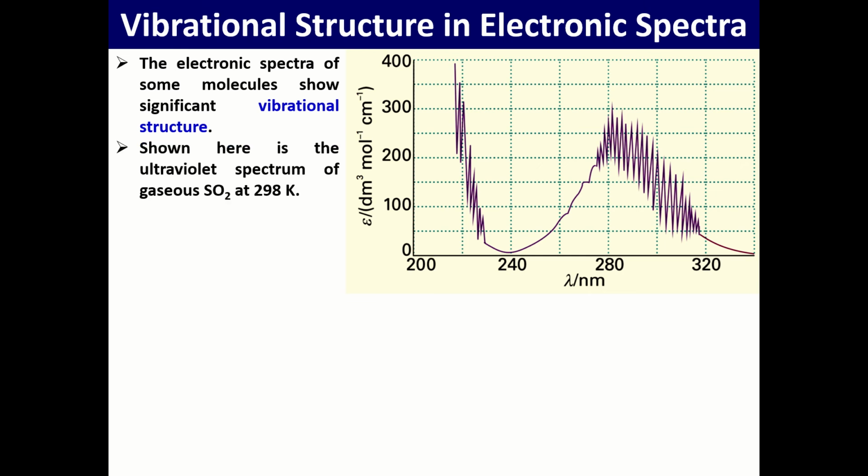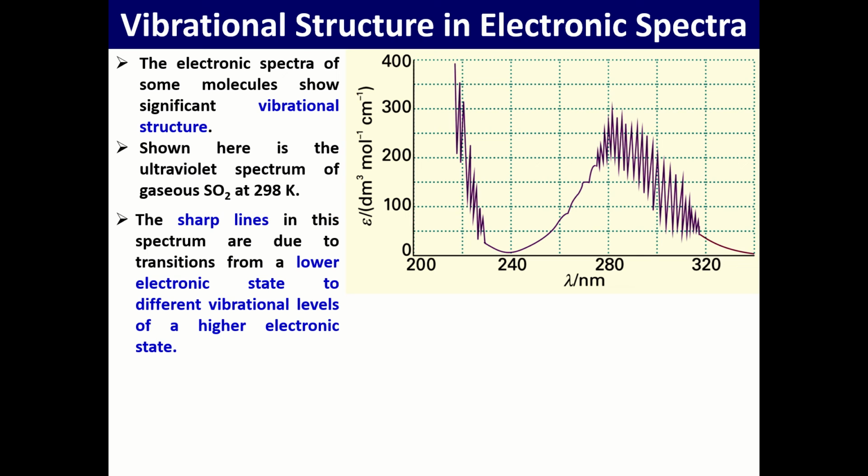The spectrum you are seeing here is a typical example, in the ultraviolet range, 250 nanometer, sulfur dioxide at 298 Kelvin. In the gas phase, you can get these fine structures very well resolved.